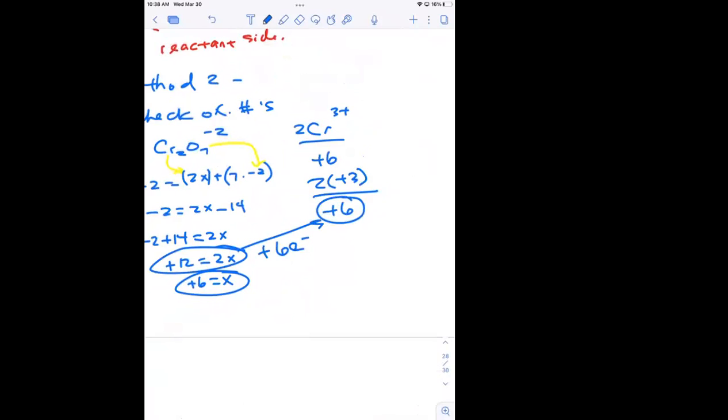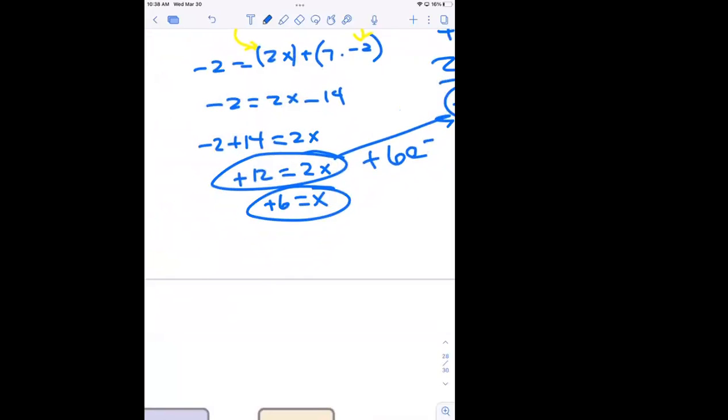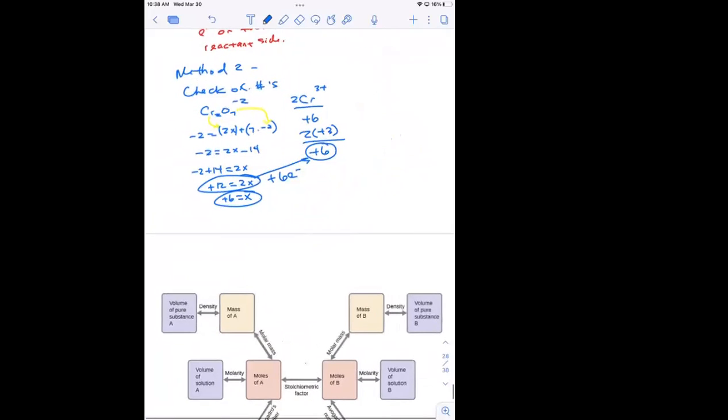So that's the other way to do it. Whatever way you feel comfortable with is fine. But again, checking the oxidation numbers means that you can go in and look at the individual atoms and say, okay, this atom got reduced because the 2 chromiums were +12 and then they went to +6, right? So that's another way to think about that.